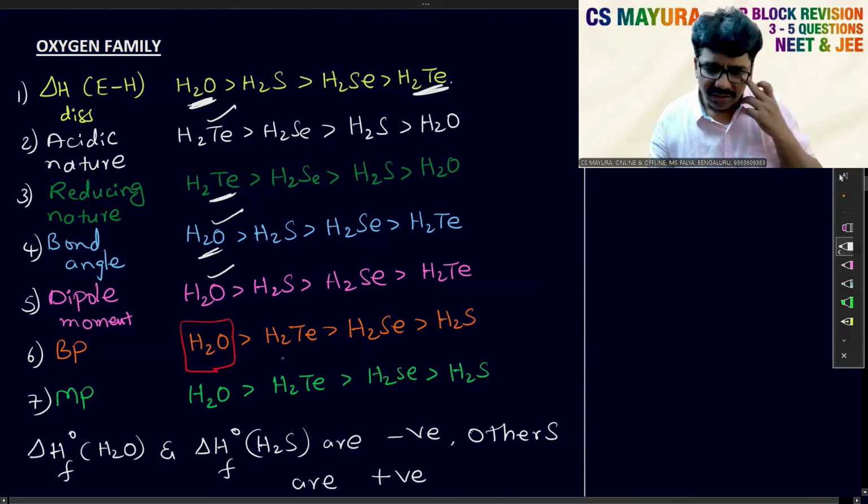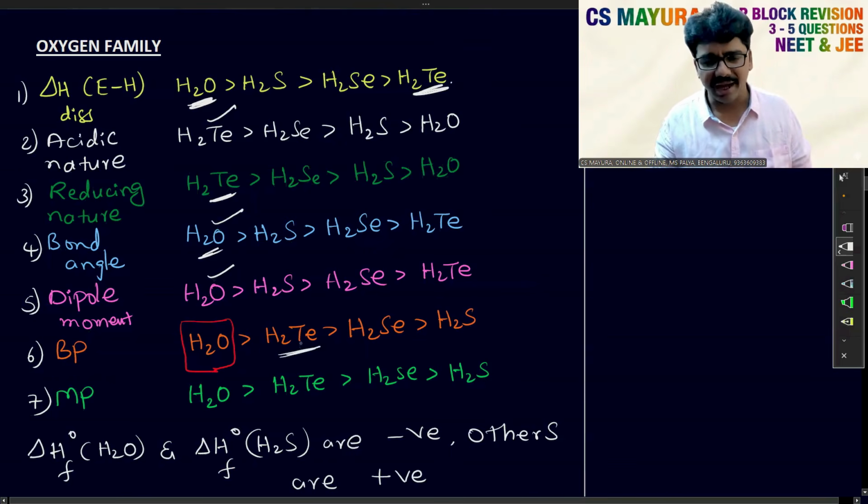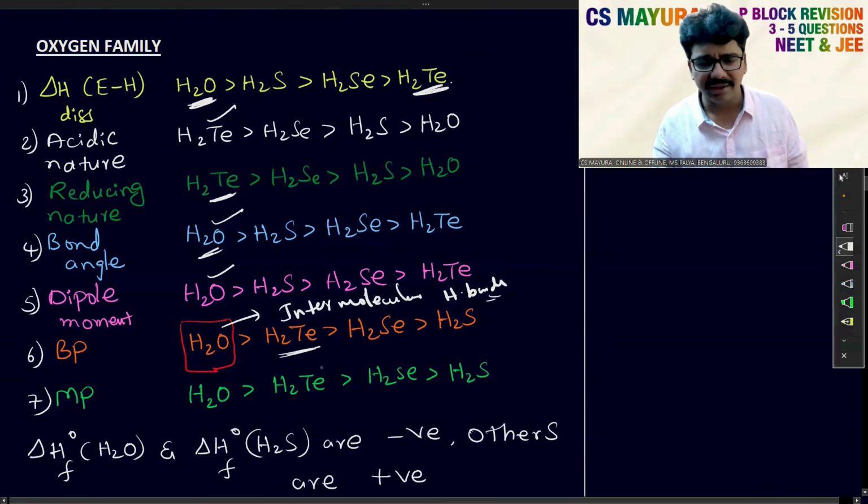So molecular weight wise, H2Te has the highest molecular weight. It has a relatively higher boiling point. But in the case of water, due to intermolecular hydrogen bonding, water has the highest boiling point among all hydrides. After that, in reverse order, H2Te due to the highest molecular weight.